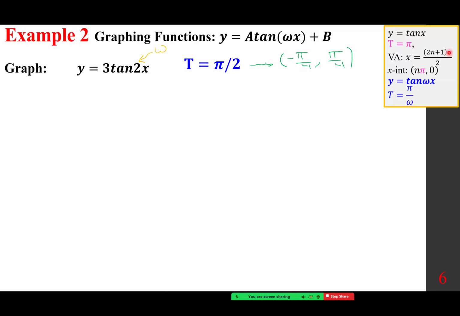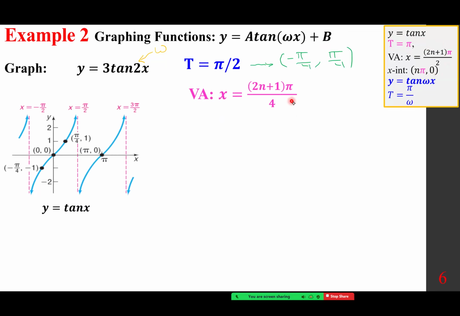Replace the pi here, everybody, with pi over 2. So it becomes 2n plus 1 times pi over 2, over 2, or pi over 4. That's why I put them in different colors, to make a point. Pi over 2 instead of pi. That's how you get that.